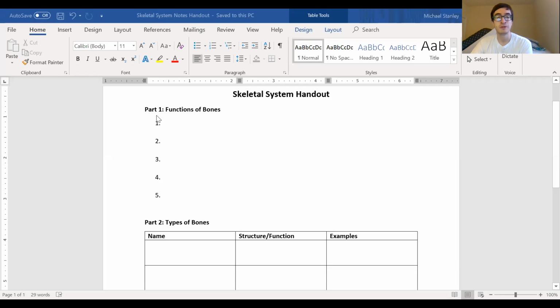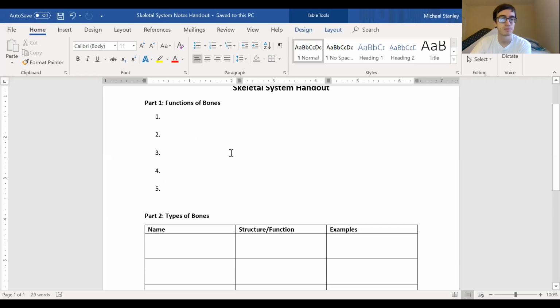For the first part of it, I just want you to list out those 5 functions of bones that we talked about earlier. Things like protection and muscle attachment and blood cell formation, all that stuff. So make sure you get your 5 functions of bones.